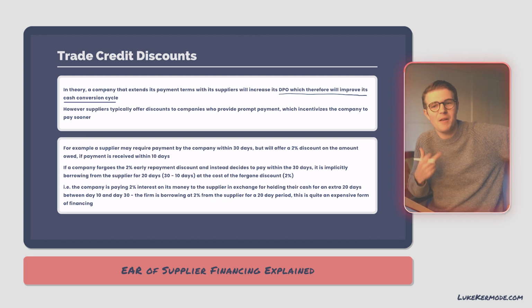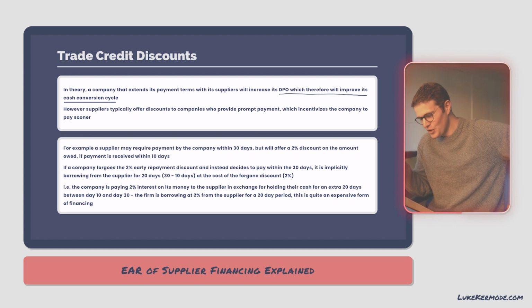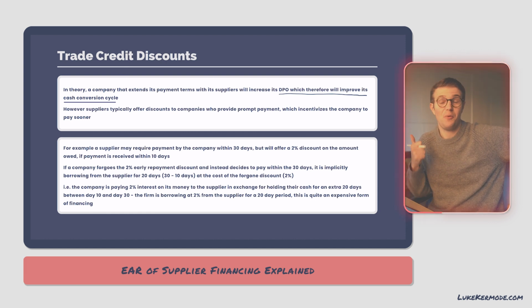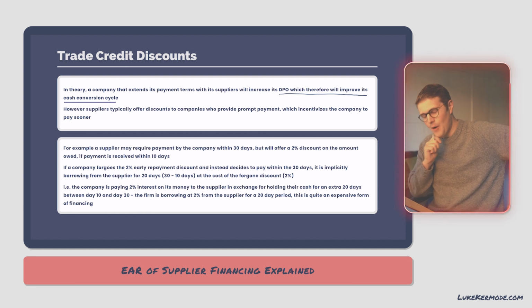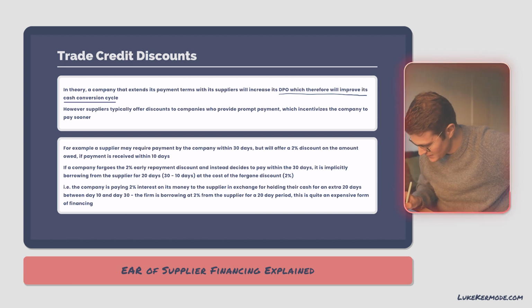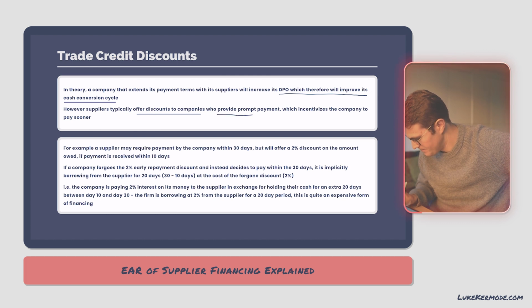If you're negotiating better terms with your suppliers, you're going to increase your days payable outstanding, which is subtracted in your cash conversion cycle calculation. So you will be reducing the length of your cash conversion cycle, which is a good thing for a business. However, this is complicated by the fact that many suppliers will offer discounts to companies who pay them early.